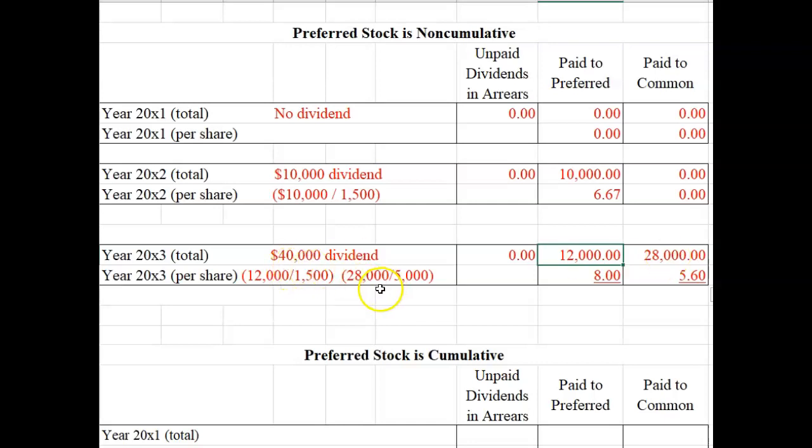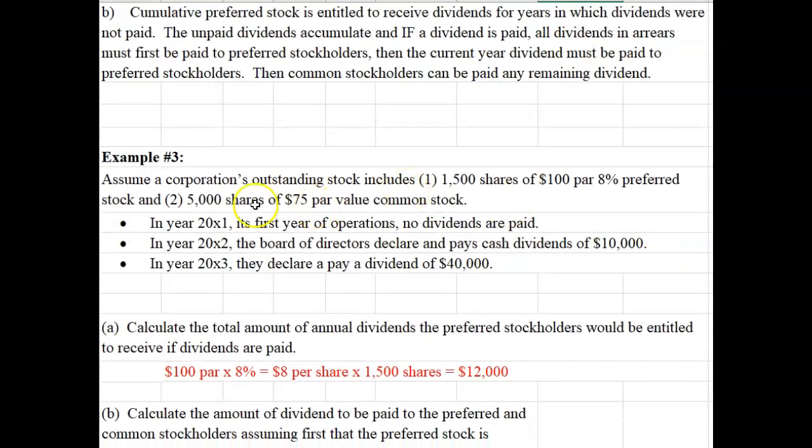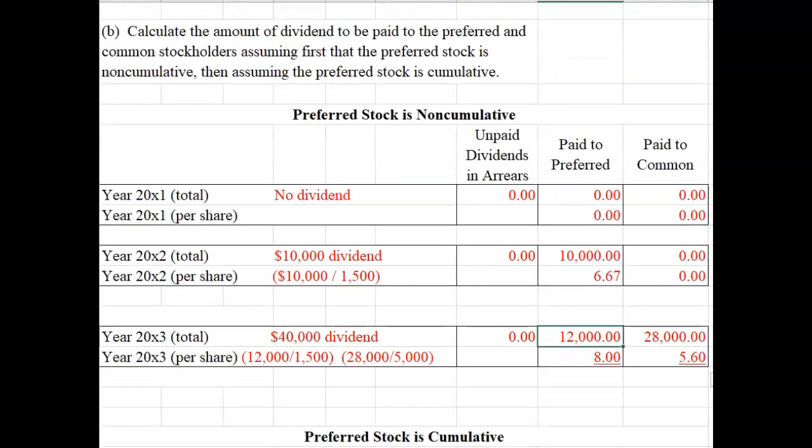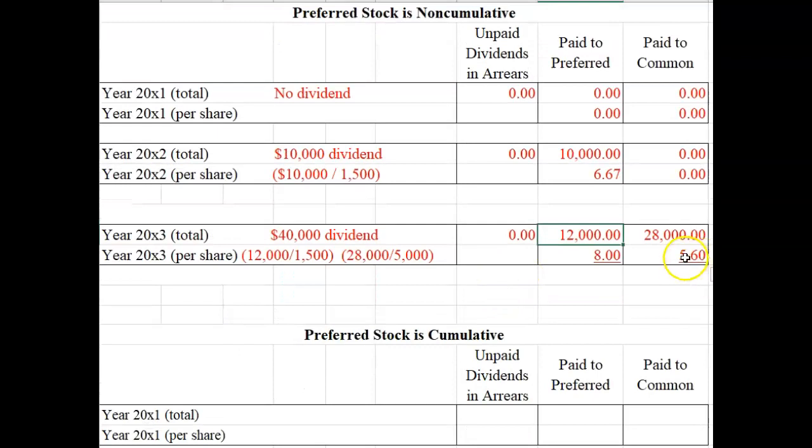And on a per share basis, that's $12,000 divided by 1,500 shares of preferred stock, or $8 per share, and $28,000 divided by the 5,000 shares of common stock equals $5.60 per share. And remember, this is non-cumulative, so if they don't get paid, the preferred shareholders simply lose it. We do not need to keep track of dividends in arrears for non-cumulative stock.